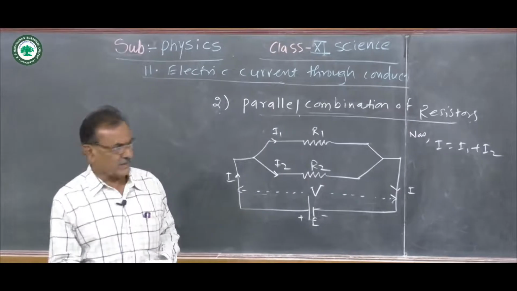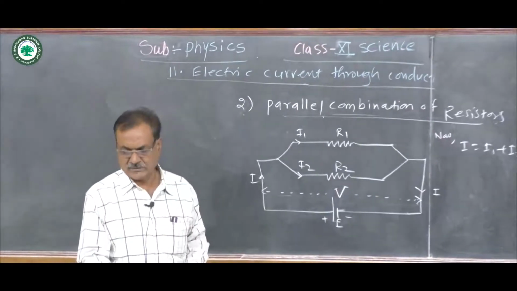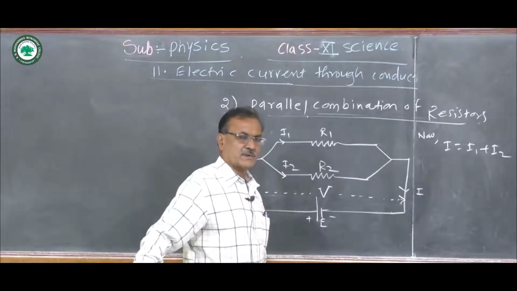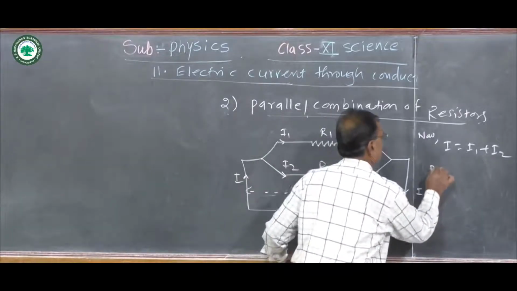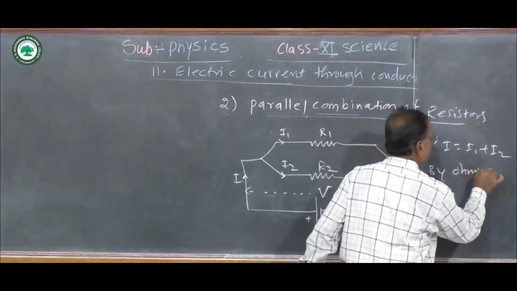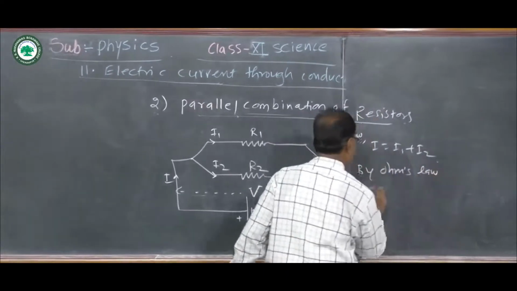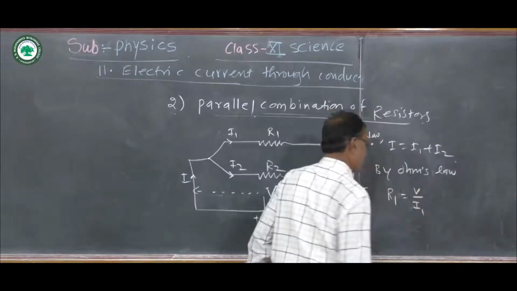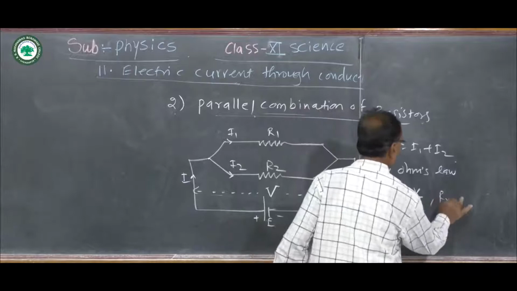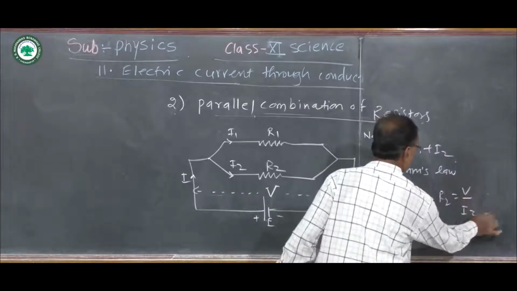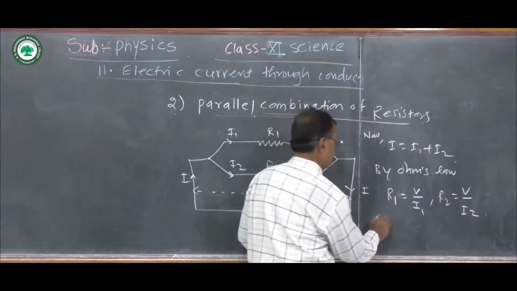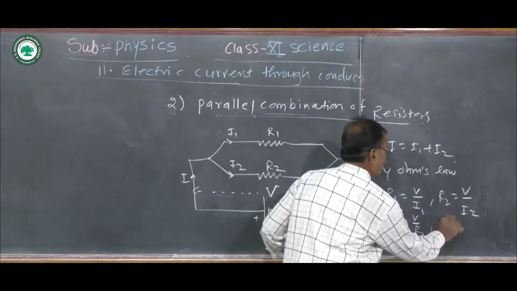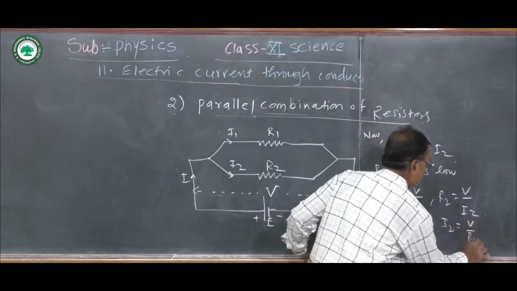Now, by using Ohm's law, we can find the resistance of each resistor. By Ohm's law, resistance R1 is equal to V upon I1, R2 is equal to V upon I2, or I1 is equal to V upon R1, I2 is equal to V upon R2.